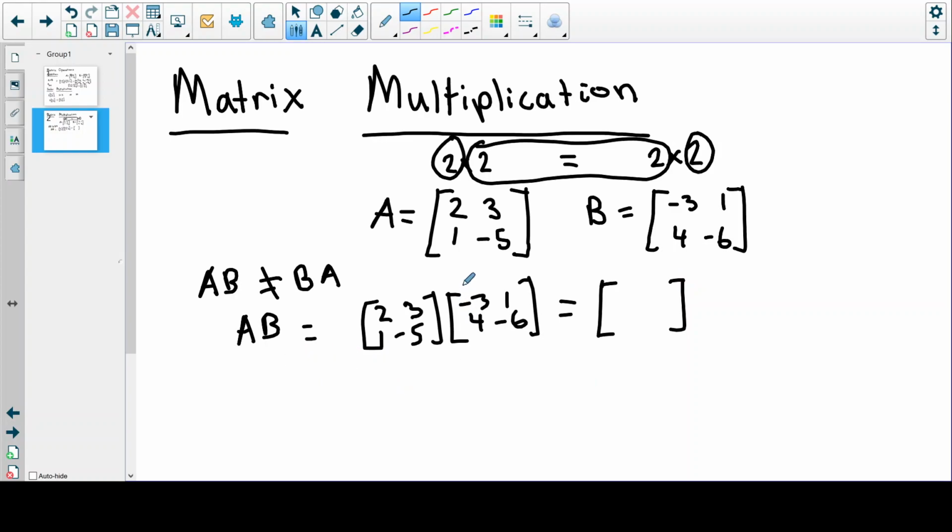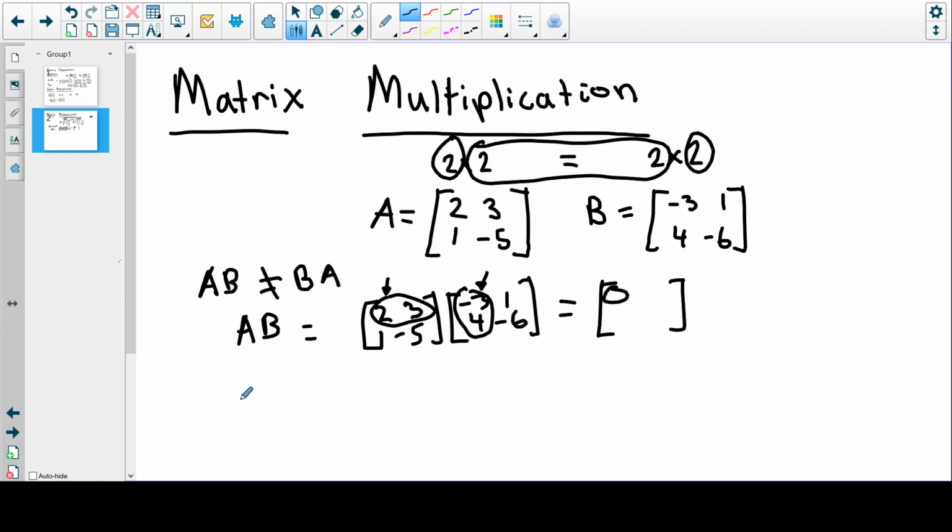So now, this is kind of the interesting part: we take the row of this first matrix and the column of the second matrix to find this element. And so you're probably like, well, how do we do that? So first we multiply the first term in this row, which would be 2, and the first element in this column, which would be negative 3.